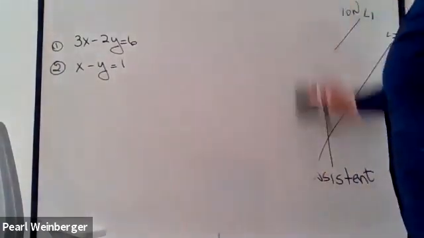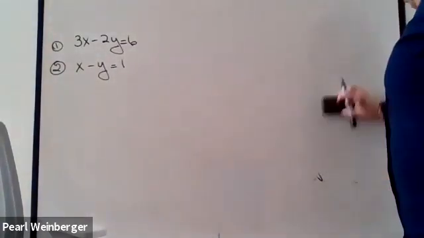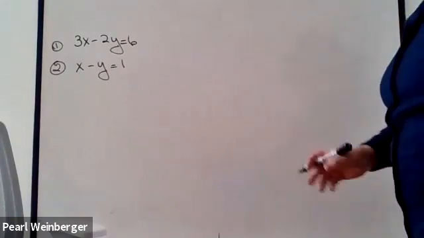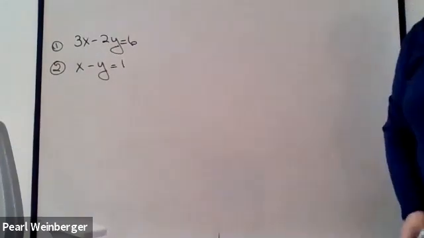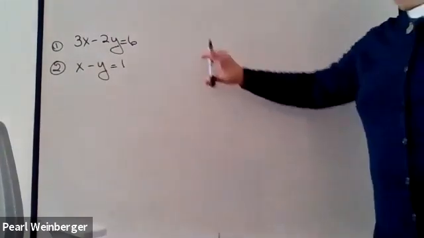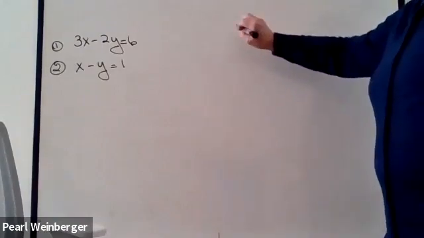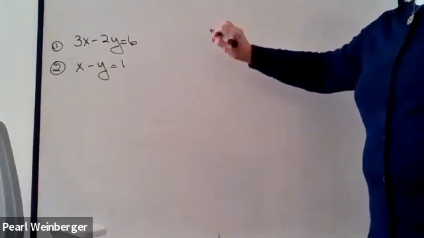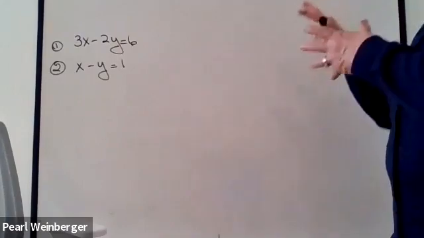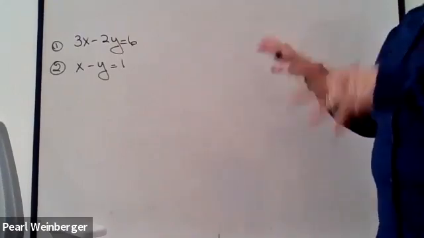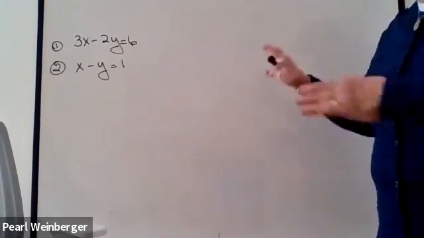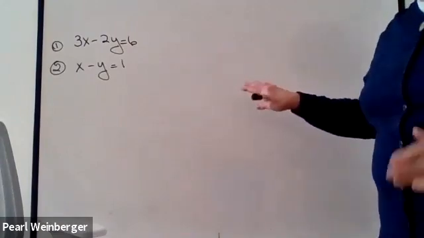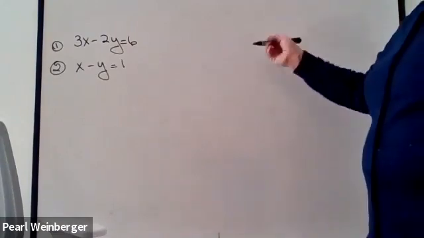So what we do is, if we want to solve this, what's called graphically, we draw the graph of each line on the same piece of graph paper. Now, I don't have graph paper, but you should be doing this on graph paper.